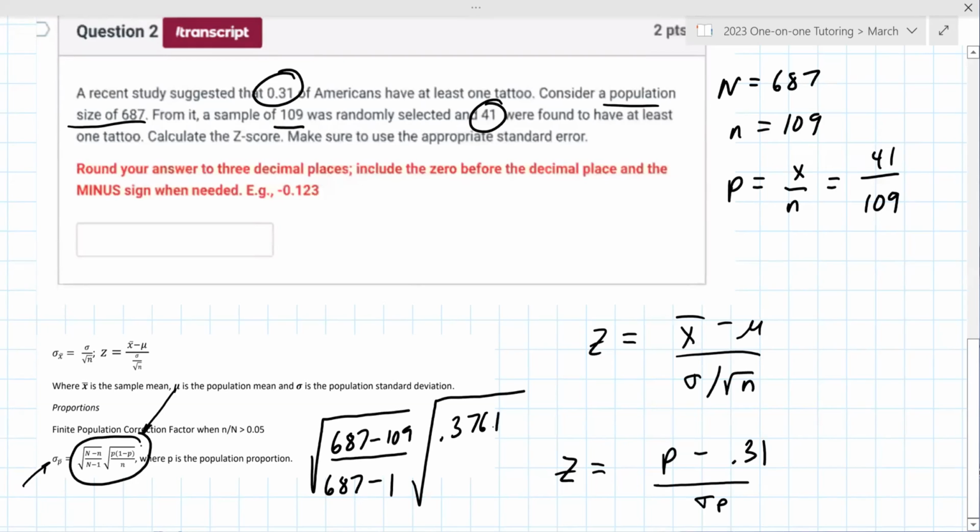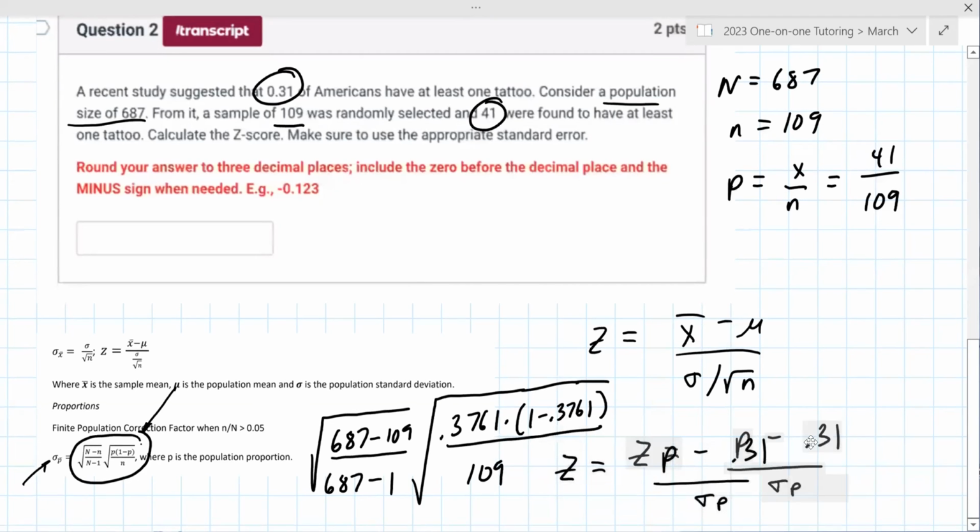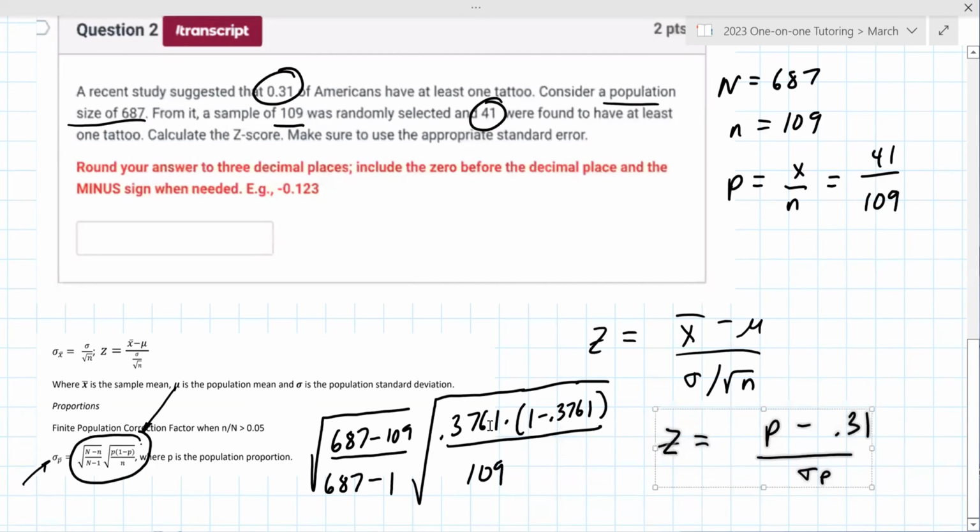So 0.3761 times (1 minus 0.3761) over 109. All of that has to be done to get your sigma P value. That's going to go on the bottom here after we put in the P value of 0.3761.